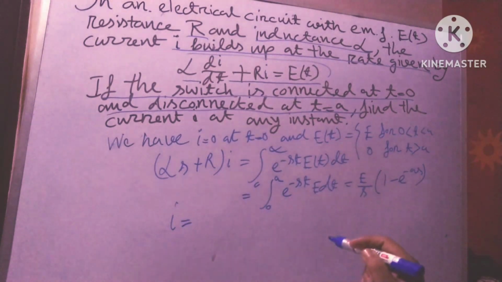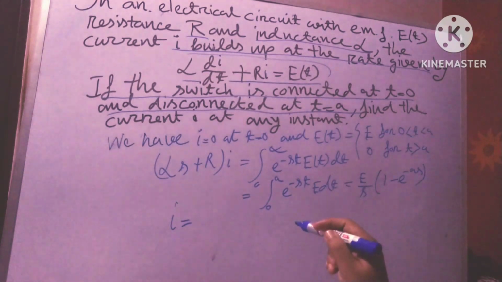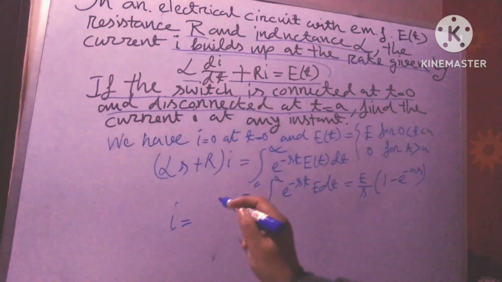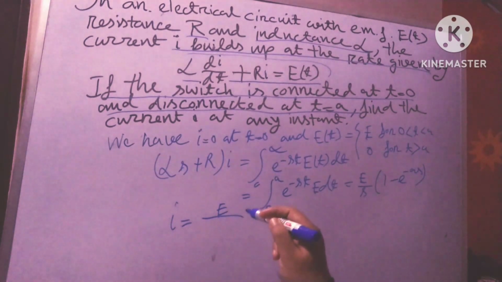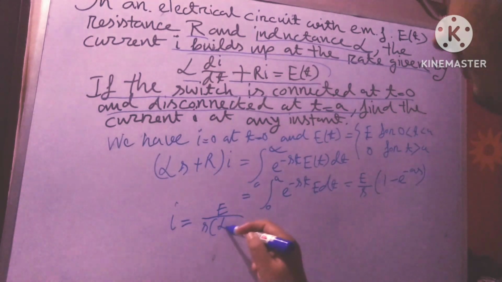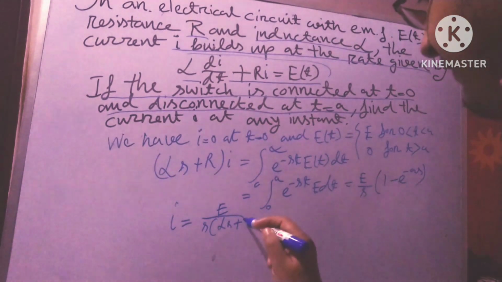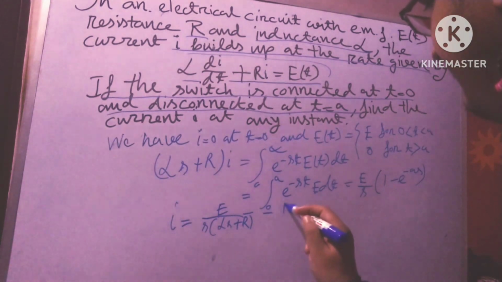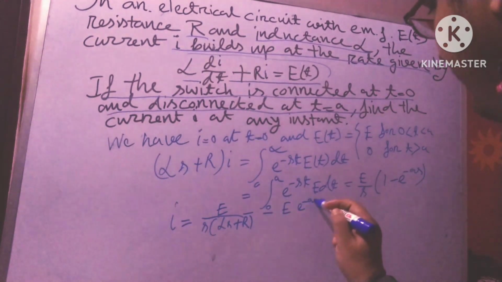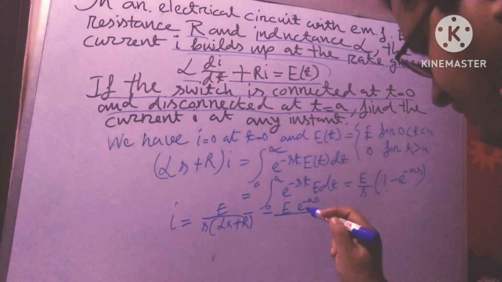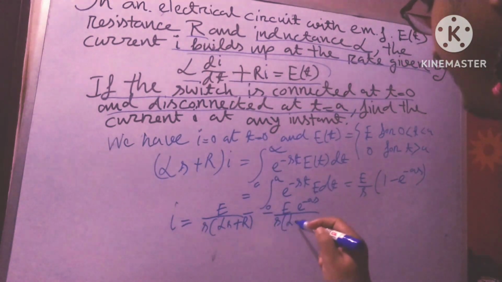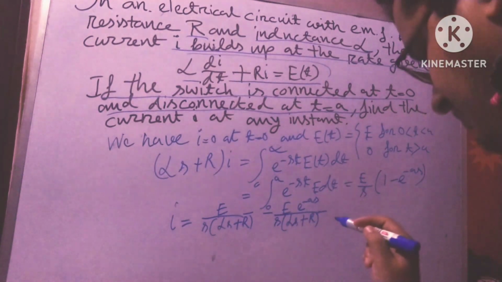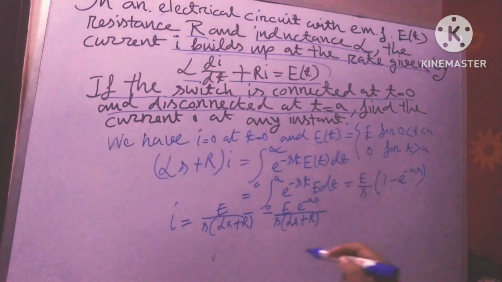So I bar equals, at first I find E divided by s into (Ls plus R), minus E into e to the power minus as divided by s into (Ls plus R).